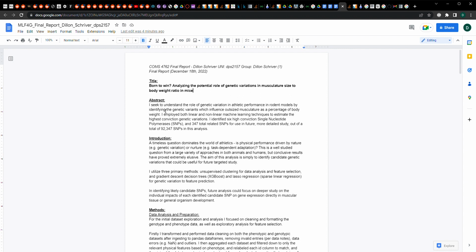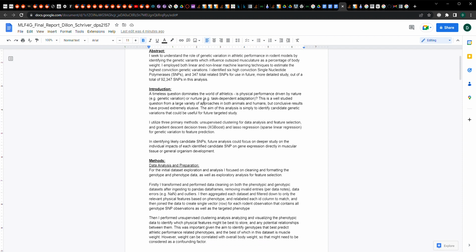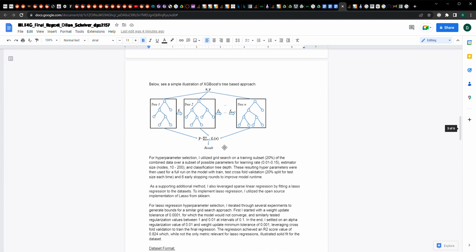And I employed a couple of methods. Firstly, unsupervised clustering for data analysis and feature selection. And secondly, two different regression approaches: XGBoost, which you can see the visualization for here, as well as lasso regression, as we talked about in class.